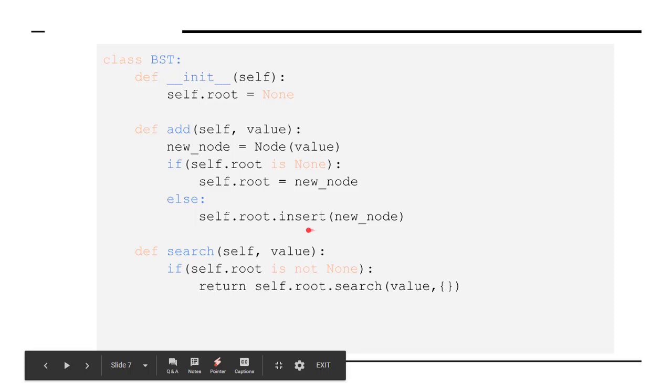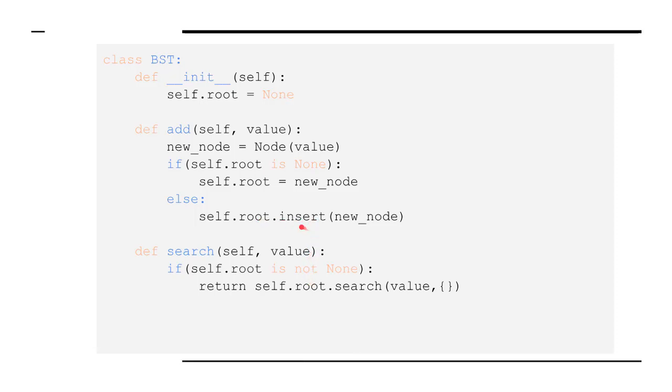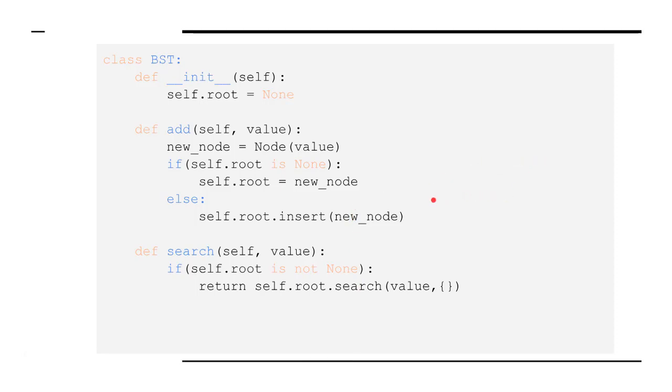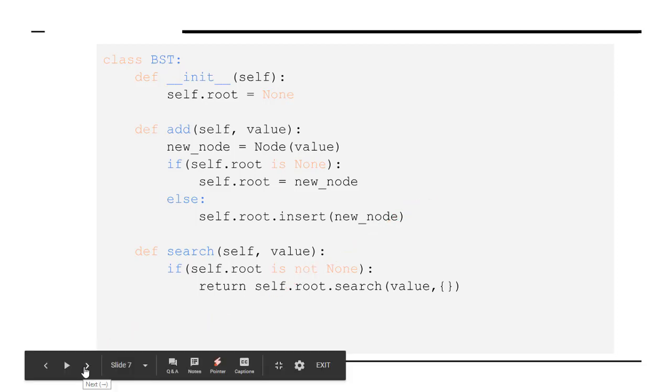Here this method is calling the insert method of the node class. This method is calling the search method of the node class. So it is a very basic class, and all the methods are very basic, nothing complicated here. Let's move to the next slide.